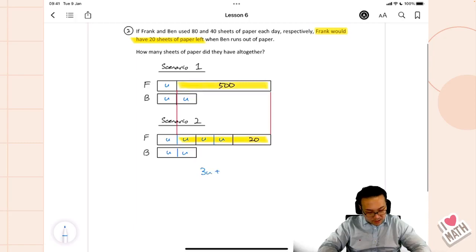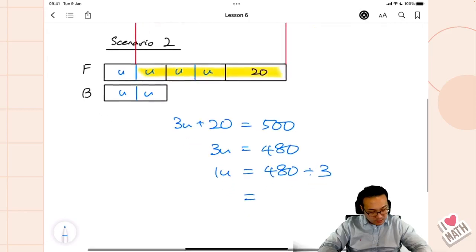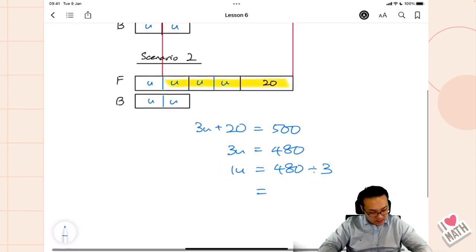So 3 units equal 500 minus 20. And therefore 1 unit is 480 divided by 3, and we will get 160.